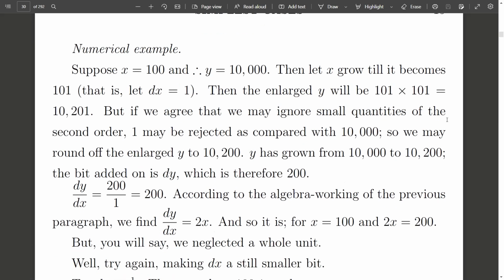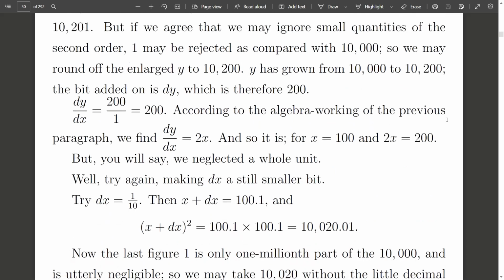According to the algebra working of the previous paragraph, we find dy by dx is equal to 2x, and so it is, for x is equal to 100 and 2x is equal to 200. But you will say, we neglected a whole unit. Well, try again making dx a still smaller bit. Try dx is equal to 1 over 10. Then x plus dx is equal to 100.1, and (x plus dx) squared is equal to 100.1 times 100.1, which is equal to 10,020.01.